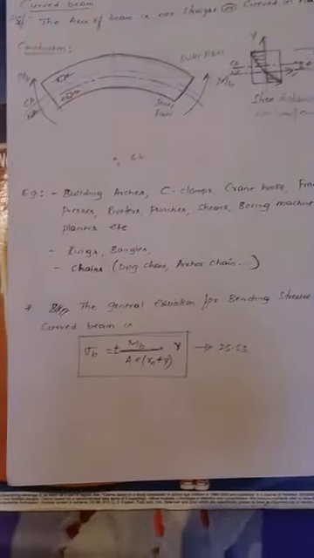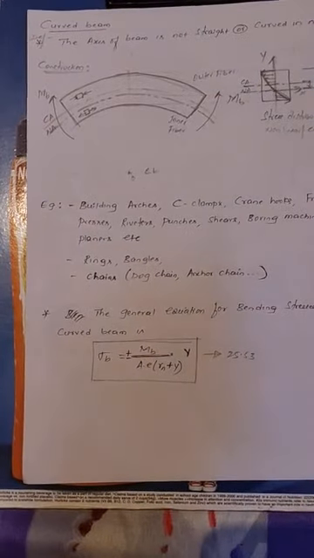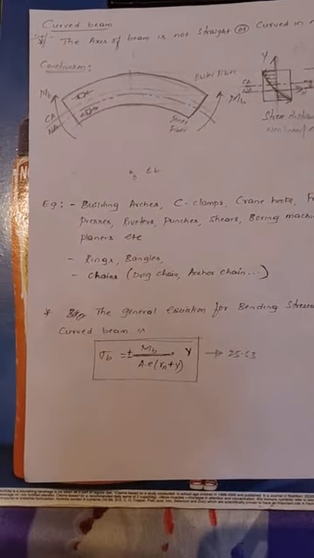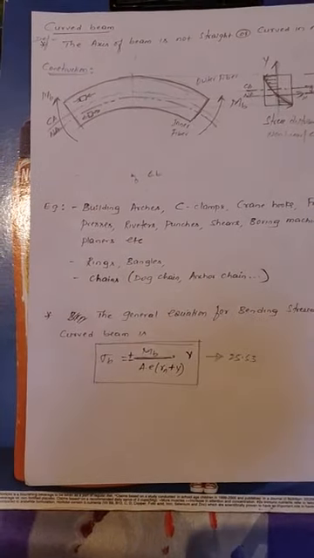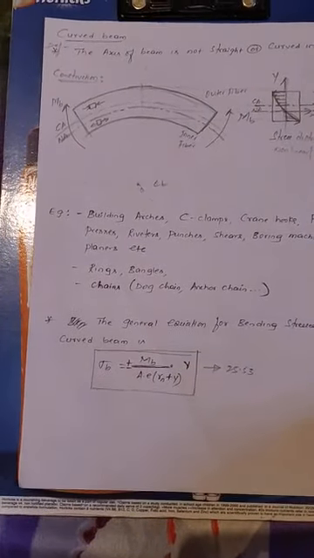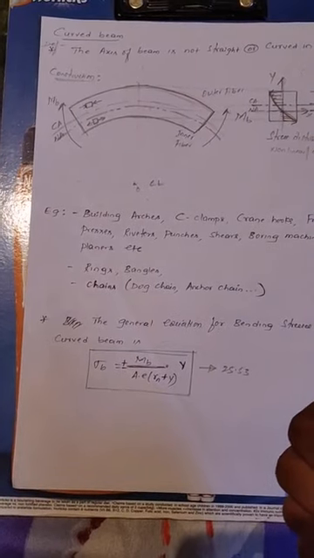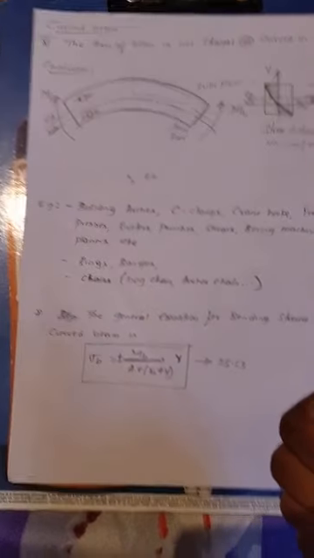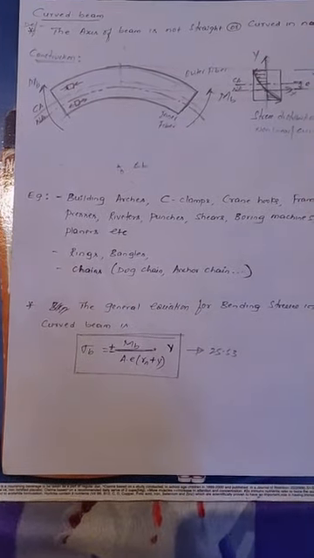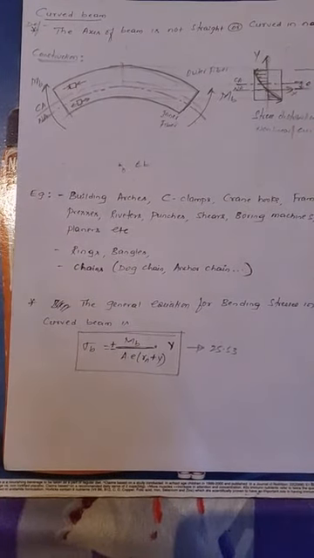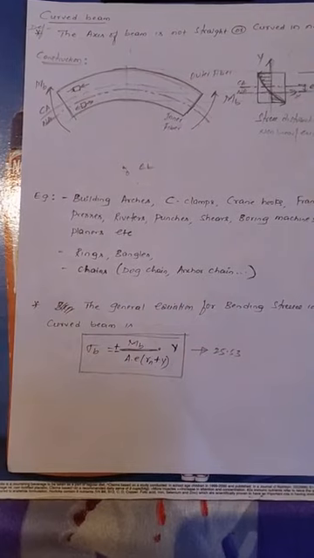Later we'll discuss that. Now, what do we mean by straight beams and curved beams? When you discuss the difference between a straight beam and a curved beam, you go by parameters. One is the definition, that is the axis. In a straight beam, the axis of the beam is straight. In a curved beam, the axis of the beam is not straight, it is curved in nature. Second is construction and how the stresses are distributed.